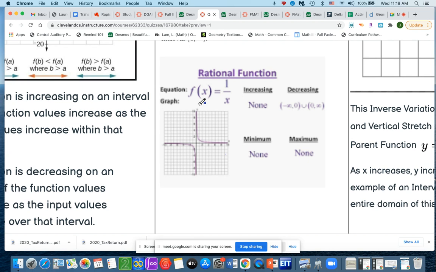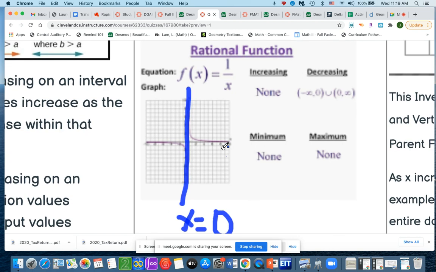And in this first example here, that y-axis right there, which is called x equals 0, is the equation that represents the y-axis. This y-axis divides the left and the right branch. It looks like it's touching the y-axis, but it's not.